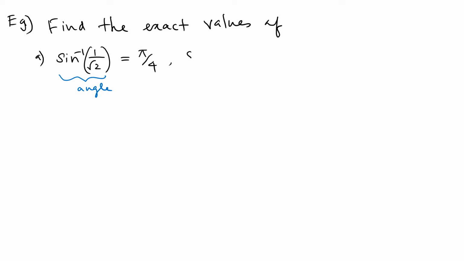This is since sine pi over 4 equals 1 over square root 2. So it's very clear. Let's look at the second problem. Let's say sine inverse of -1/2.